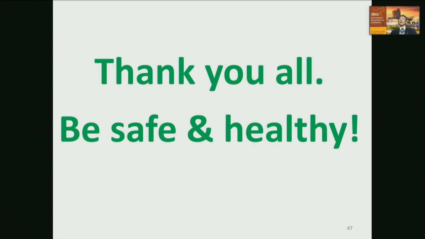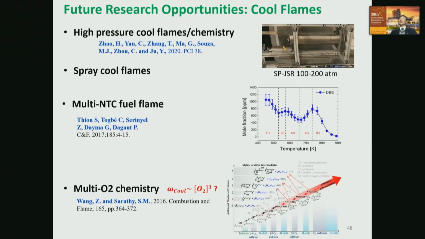Let me add one slide on the opportunities for cool flames. Really, we need data at high pressure, particularly at engine pressure. And we need cool flame studies at spray conditions, because the vaporization, the pressure, and the oxygen dependence in spray combustion is different from gas phase.